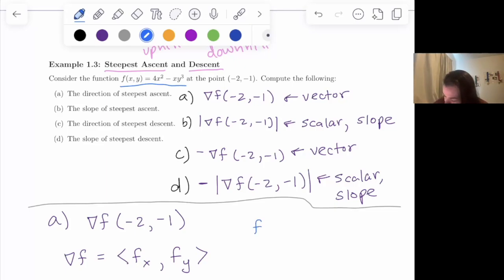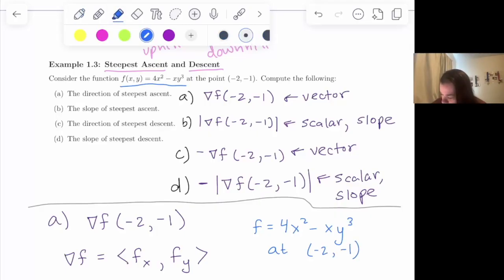So my function f, instead of putting f of x,y, I'll just use shorthand. My function f is the following. I just want to have it on the page as we scroll down. So making sure I copied it down right. And the point in question is at (-2, -1). So this is just kind of some organizational, so we have that as we go on our scratch work.